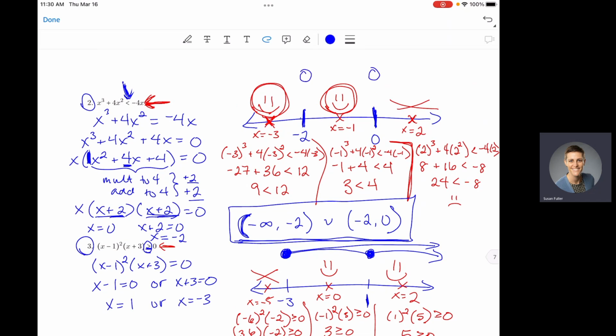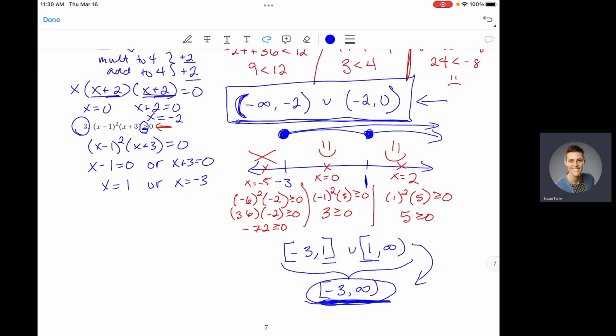We did not include our endpoints here. And so what that means is that this does not include everything less than 0 because we have to cut negative 2 out. So we can't write this as a single interval, but we can write these two as a single interval. We can combine those.